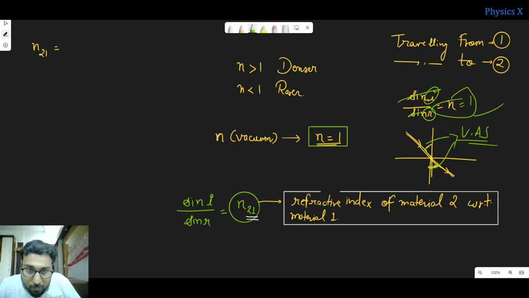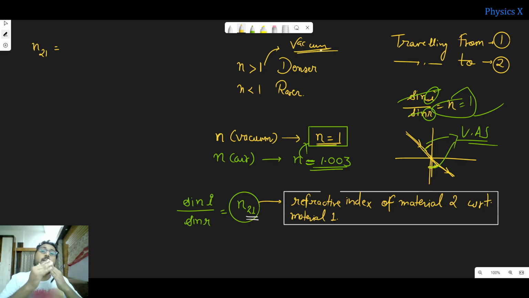And what happens if you take air? In air also, with respect to vacuum, there is a very slight amount of refraction occurring, which is negligible. So n is nearly 1.00 when you compare this with vacuum. That is what I was telling, that 1 is for vacuum.